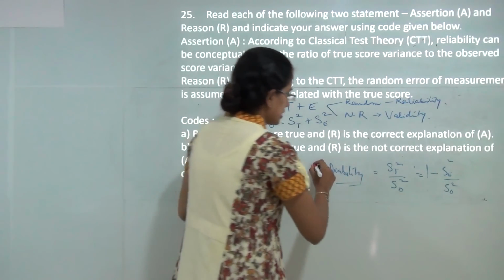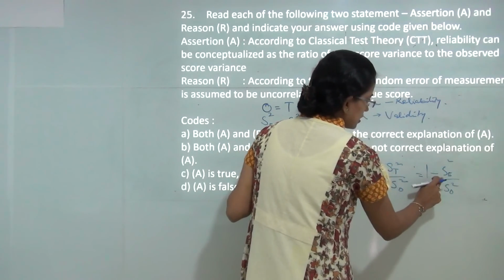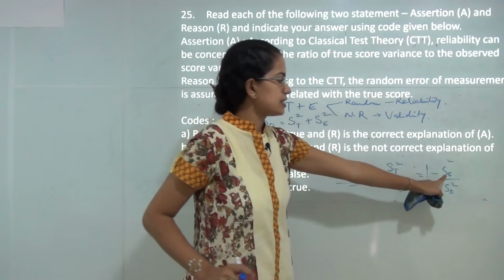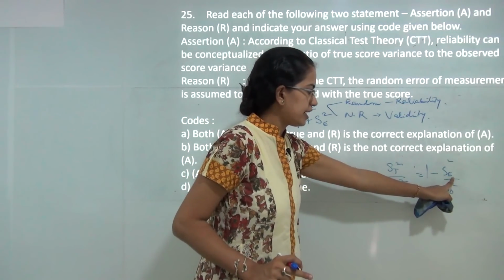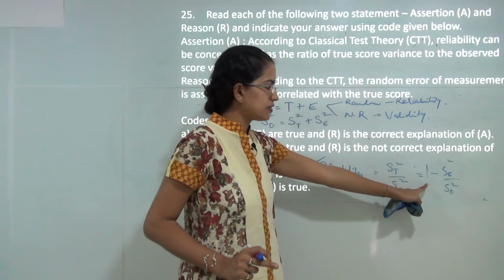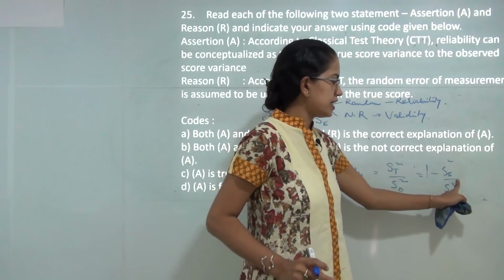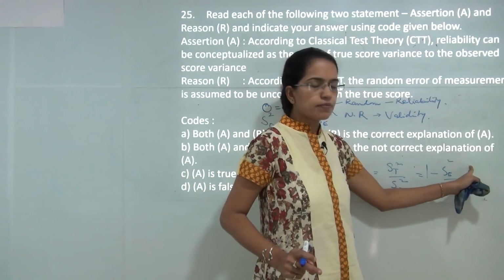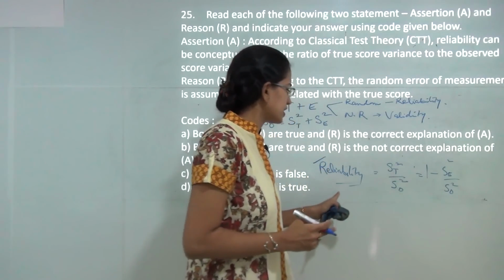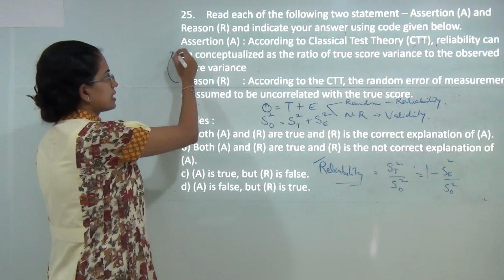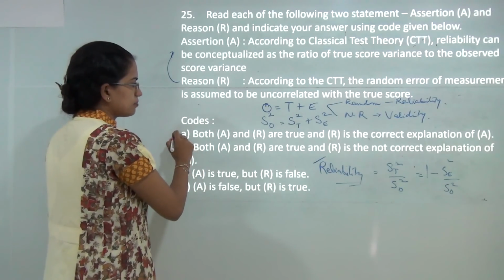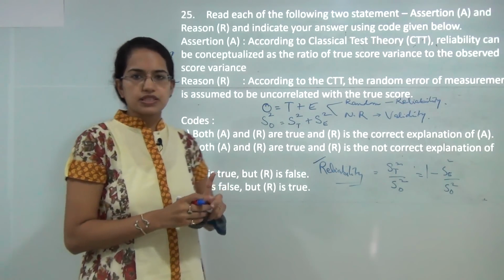If there is a change in the error variance, that directly affects the reliability. If the error variance is 0, I would have reliability of 1, but if the error variance comes up to be 20%, I would have a reliability of only 0.8. So this reason correctly explains the assertion. I can say both are correct and the reason correctly explains the assertion.